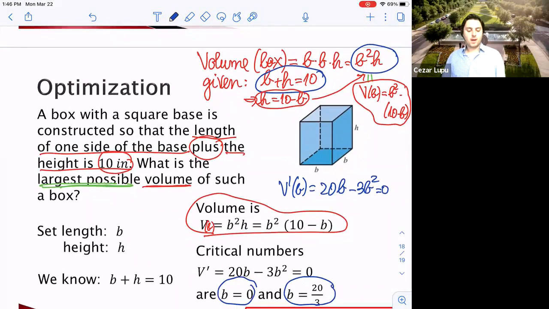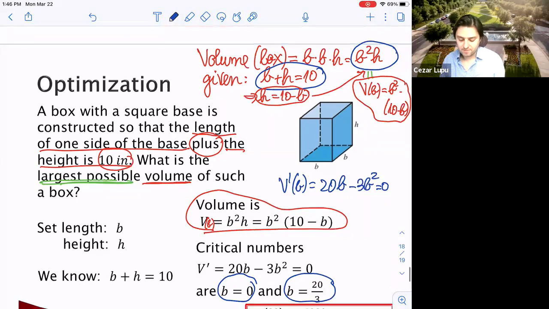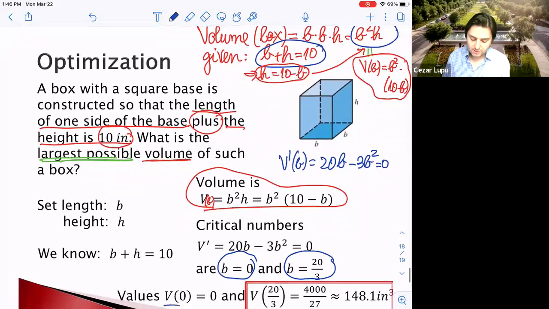Right? And now we would like to evaluate V. We'd like to see which one is the largest, right? Well, b will be 0, so V of 0 is 0, it's quite clear.